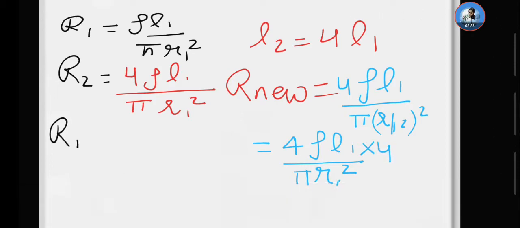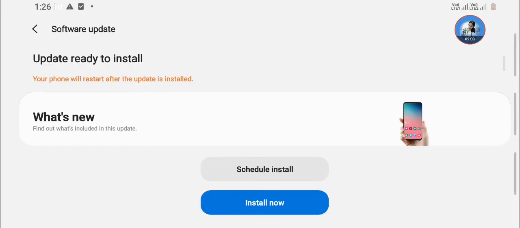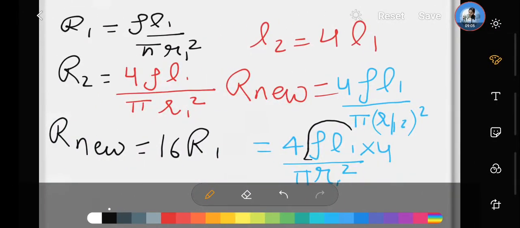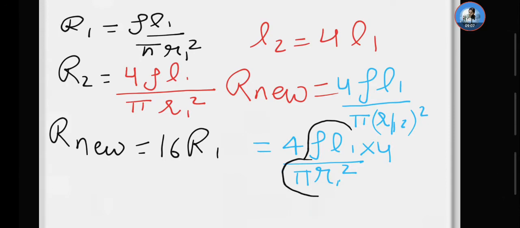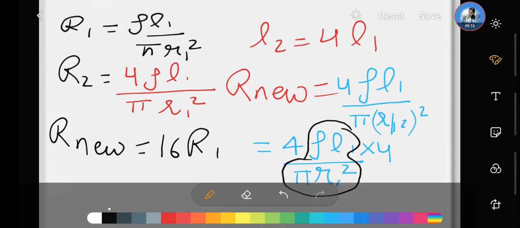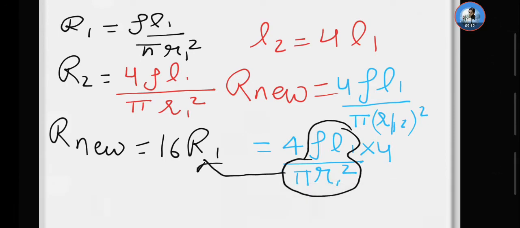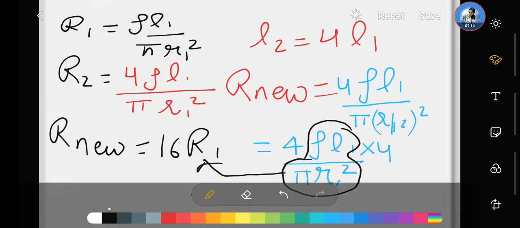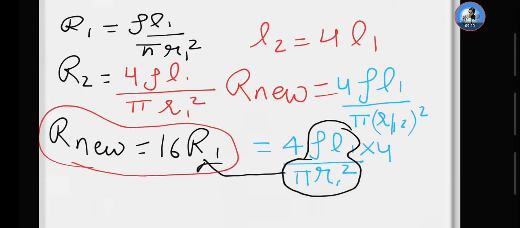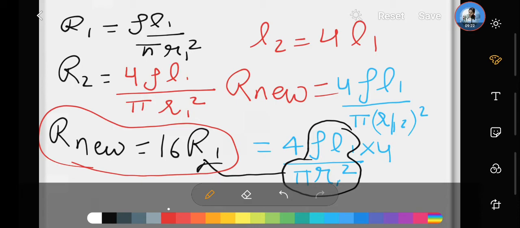It means the new resistance of the stretched wire equals 16 R1. Got it, students? When we stretch the wire so that its radius becomes half, the new resistance will be 16 times the old resistance.